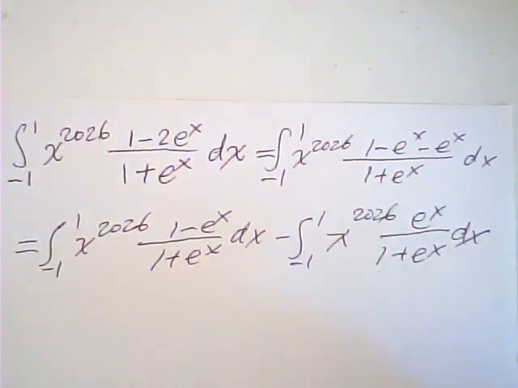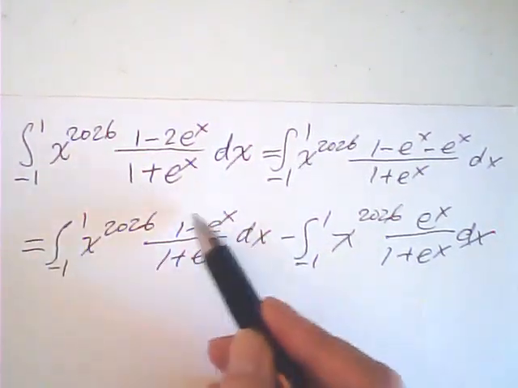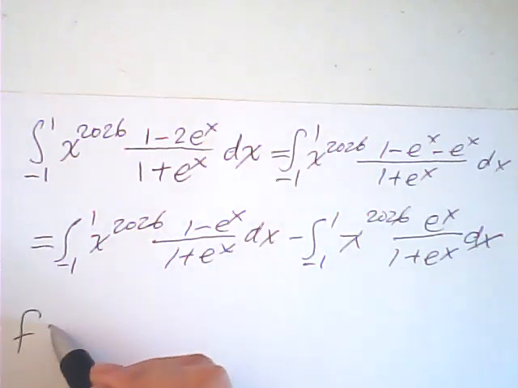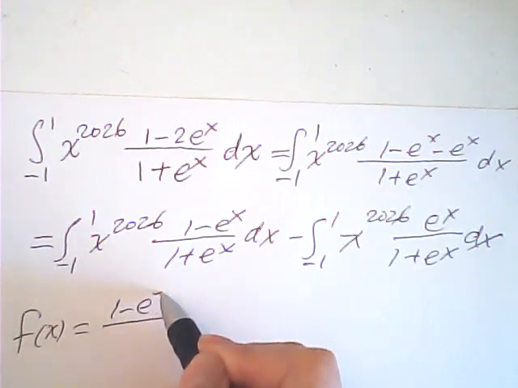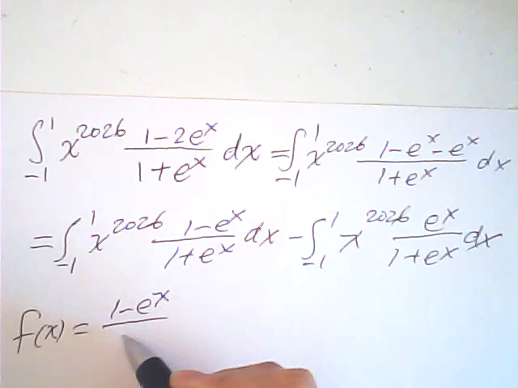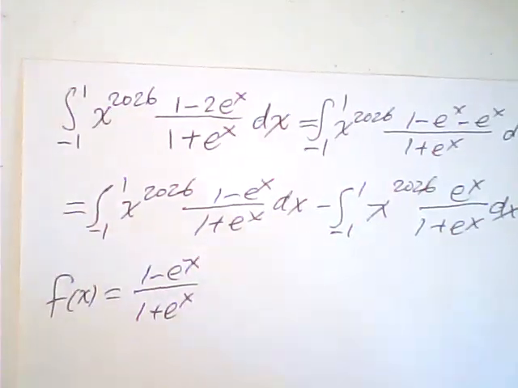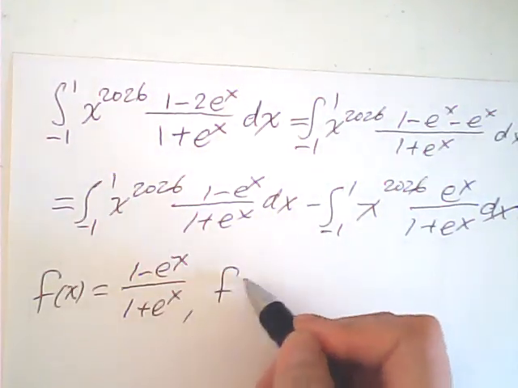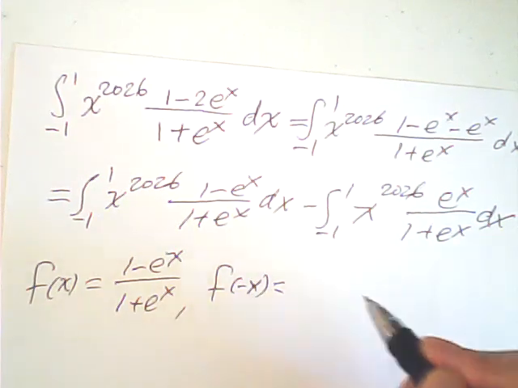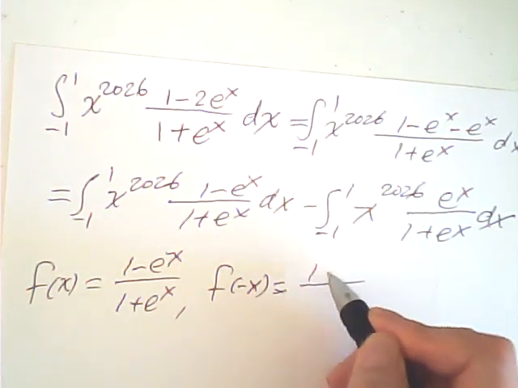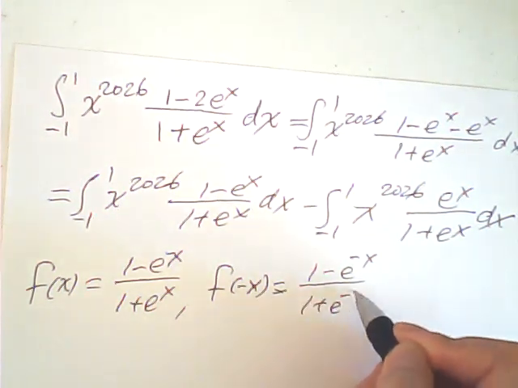Very good. Now, let me consider this function. I call this function f of x, (1 - e^x)/(1 + e^x). Then f of negative x would be equal to (1 - e^(-x))/(1 + e^(-x)).